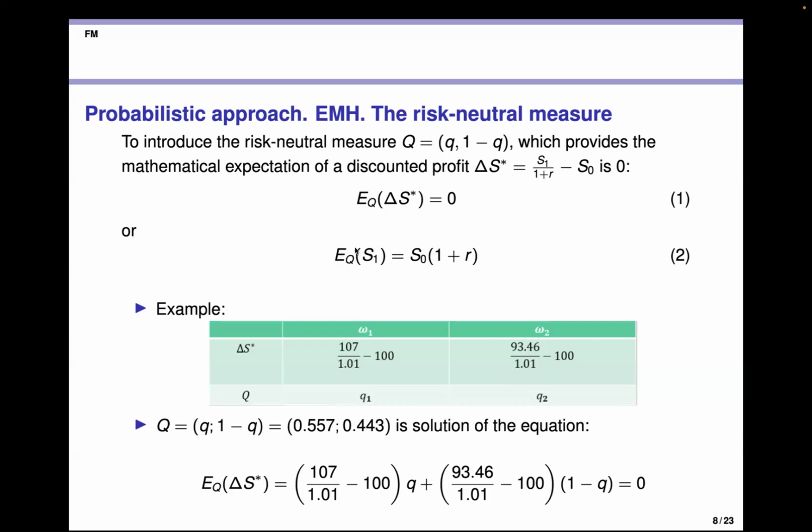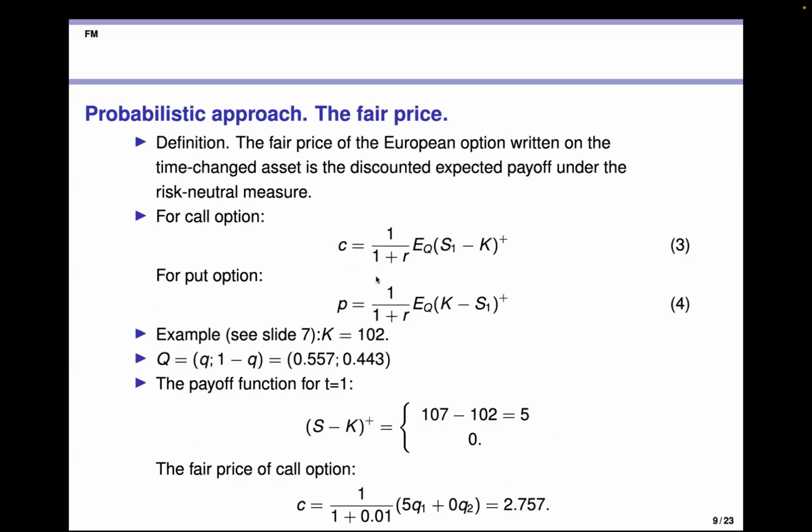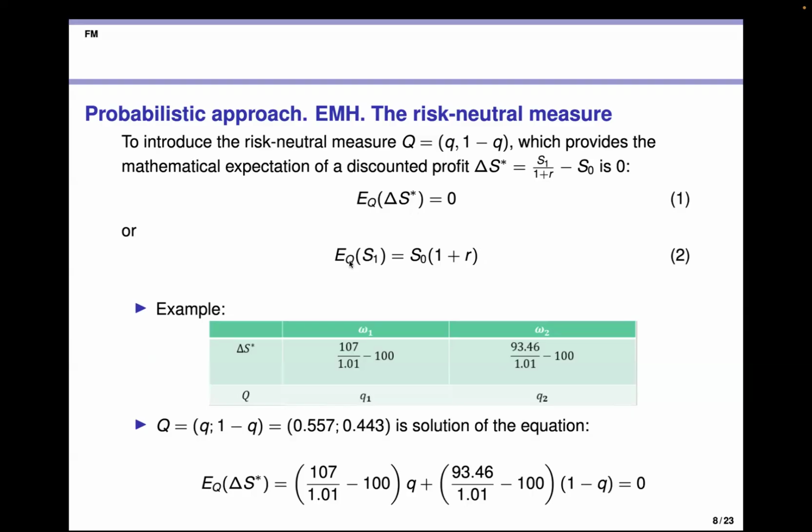And this formula means that it doesn't matter if we invest our money in the bank account, bonds, and at the end of the period we have this amount, or we invest our money in the stocks, and at the moment t equals 1, the final moment, we have the mathematical expectation of these two scenarios with respect to these probabilities.